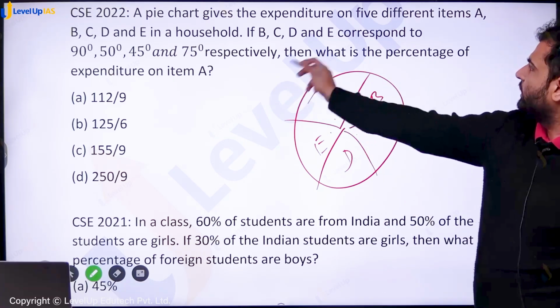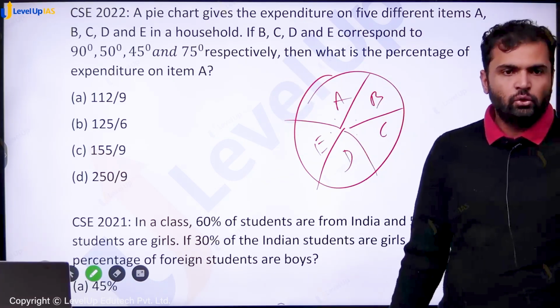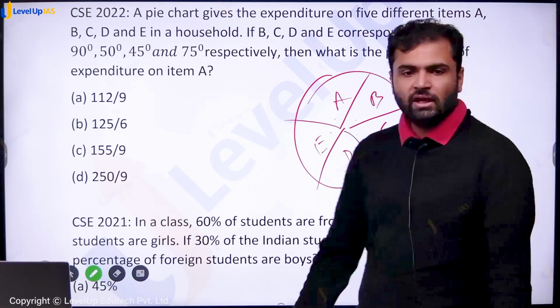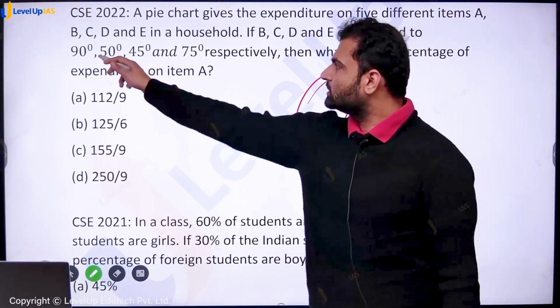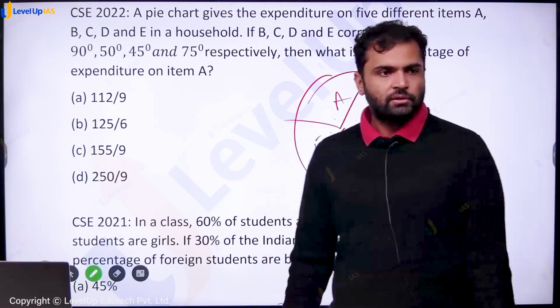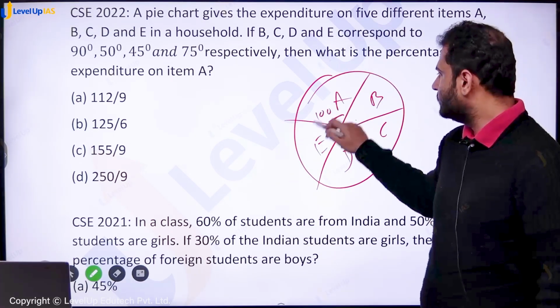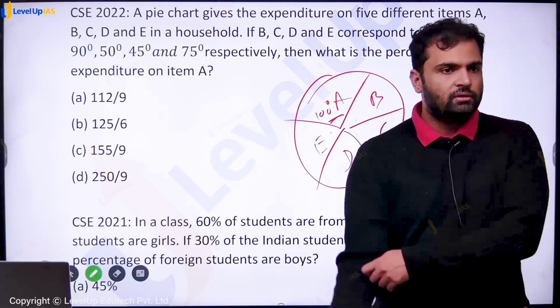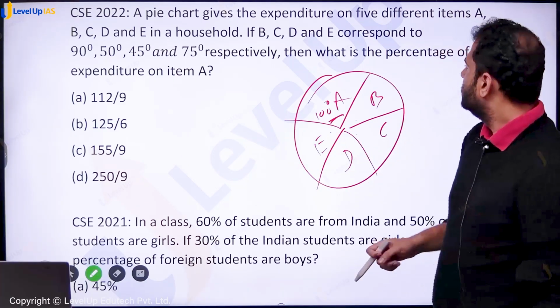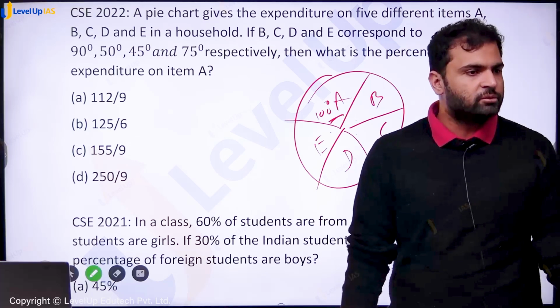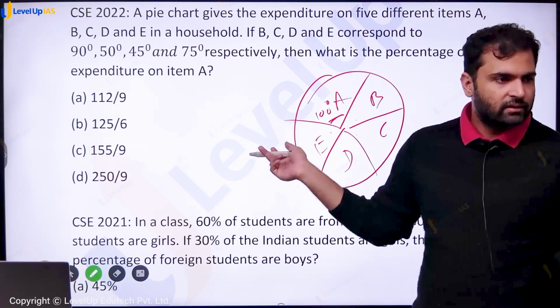That is a fact that we use. And central angles corresponding to B, C, D, E are given. Total central angle is 360 degree. So corresponding to A, we can find out 360 minus sum of all these things, 260. So this comes out as 100 degree. 360 minus all these things. And what is the percentage expenditure of A? That would be expenditure is proportional to central angle.